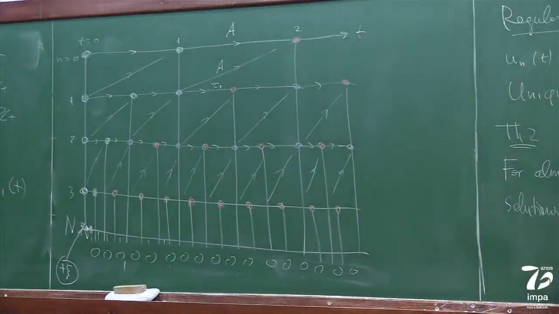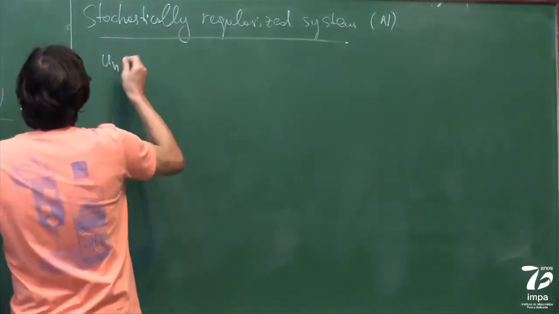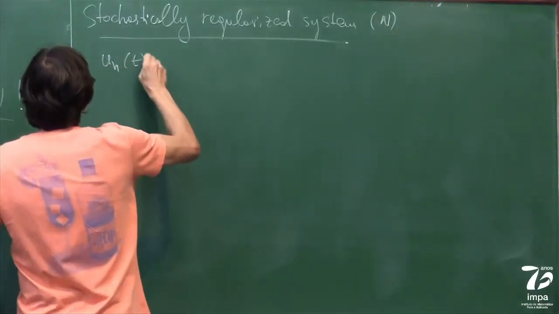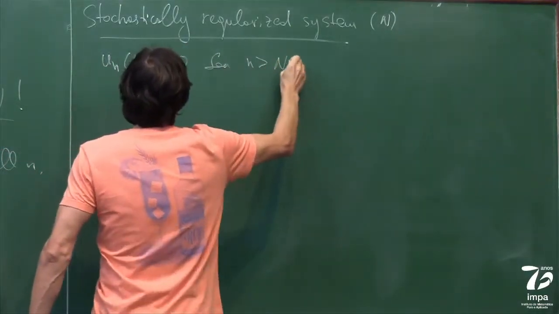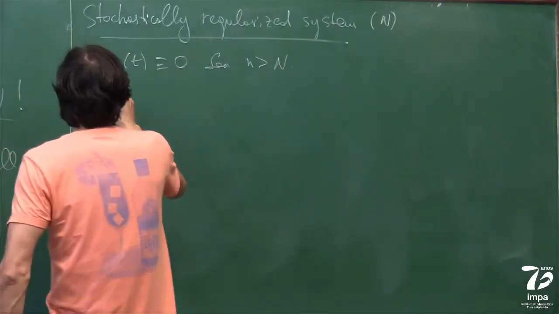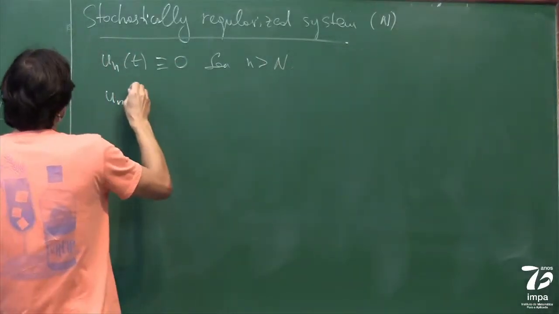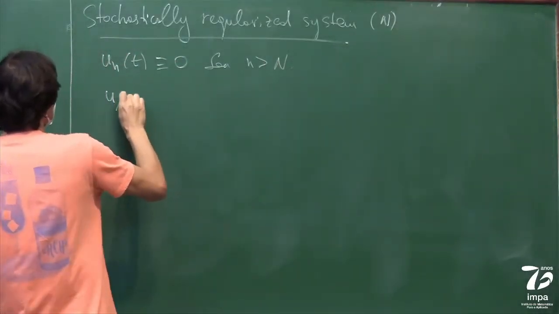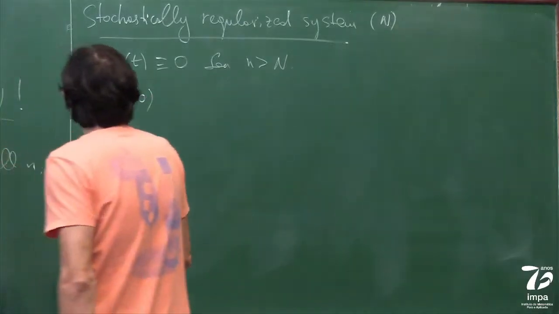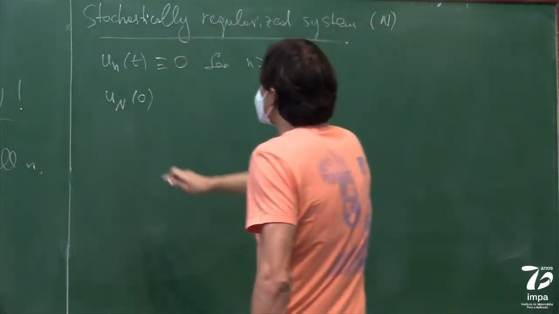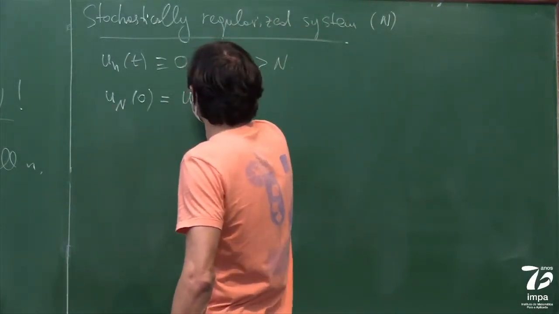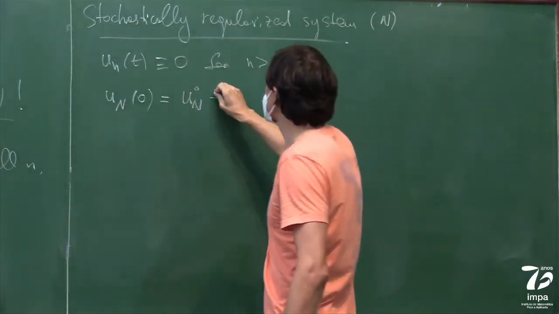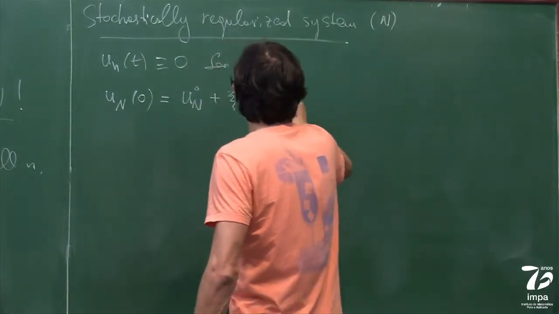So we first use this condition. It's still 0 for n bigger than N, and at the cutoff scale we take the initial value which is given plus a random number.